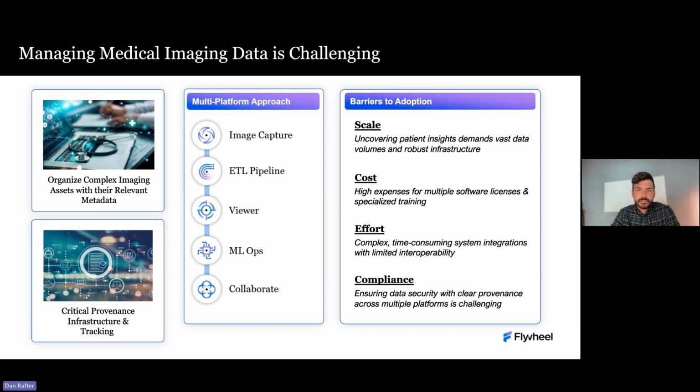There's also notable cost, where I am maintaining multiple licenses and have in-house staff maintaining all of those and doing the connective tissue. We've got a notable amount of effort, where I am employing teams to keep systems that are not meant to be interoperable working together. And ultimately, it is a bit of a compliance nightmare, because every time an image moves between each of these platforms, you lose the provenance. And so it becomes a very significant and laborious process to actually put that story together.